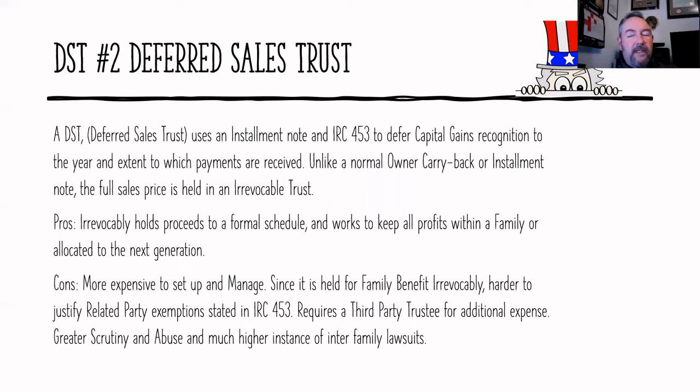And since you're holding everything for the benefit of yourself and your family, including future generations, then you typically have to have a third-party independent trustee so that you're satisfying all of the IRS's related party transactions. Because anytime you're dealing with gifting and families and tax advantages also, that's specifically against most of the rules. So you have to be very careful with it.